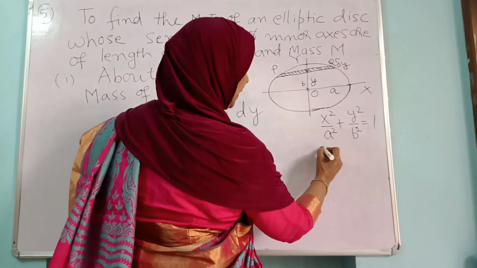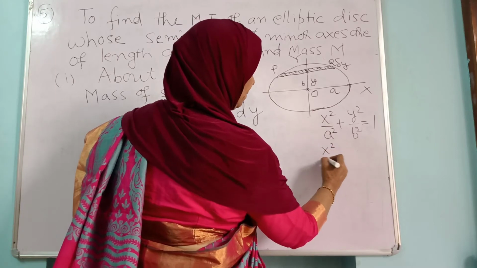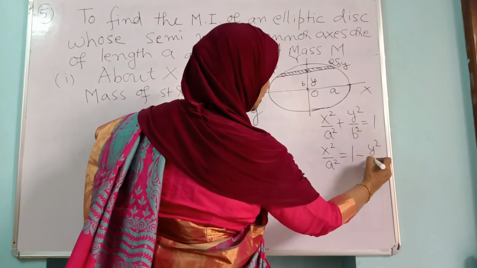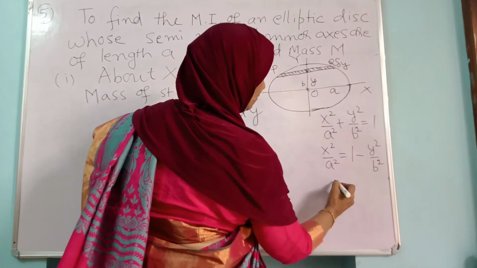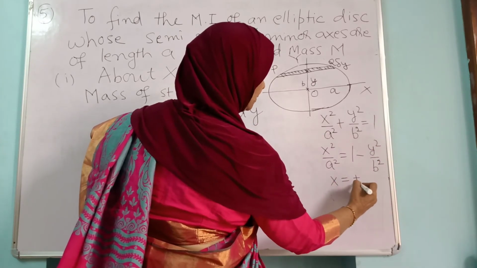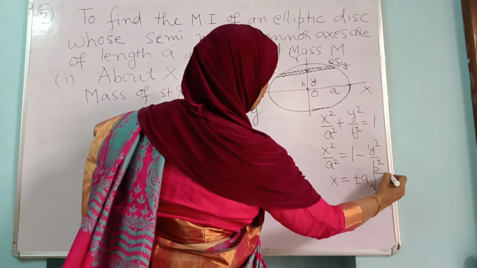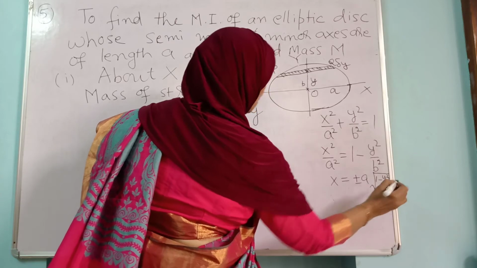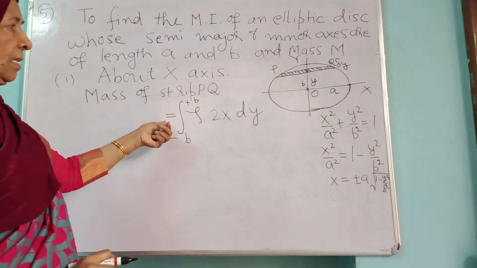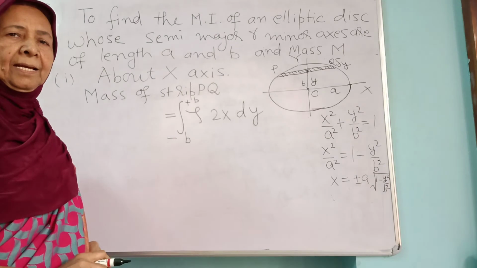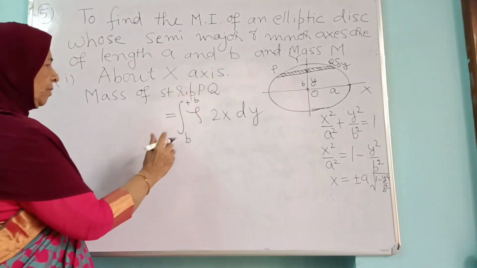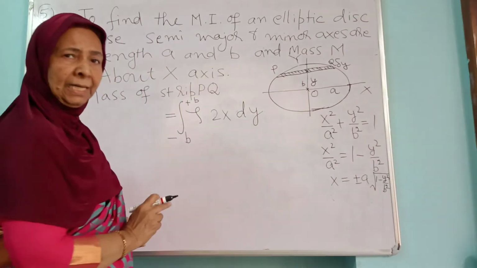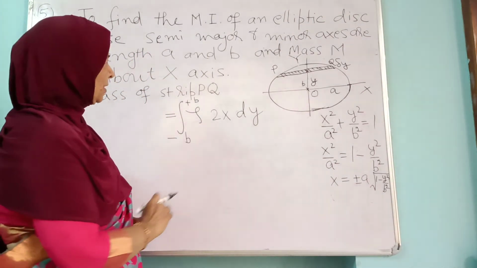So from here, x square by a square will be 1 minus y square by b square. So the value of x will be plus minus a under root of 1 minus y square by b square. Of course, I think it is clear. Now, as far as the mass is concerned, we will consider the positive sign only because mass is positive.